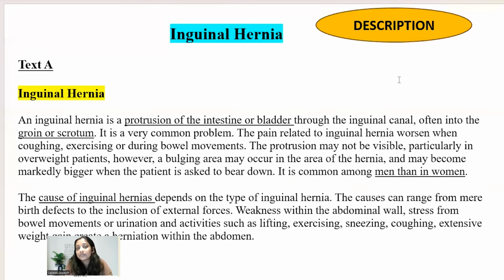We have to skim. No need. Yes, skim. When you skim, if you see these things, then you can mark them. Okay, so start skimming text A, inguinal hernia, and you can give your own headings. You have 30 seconds to do it. Start.